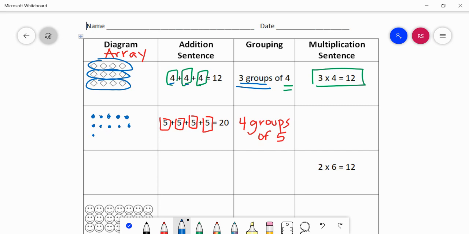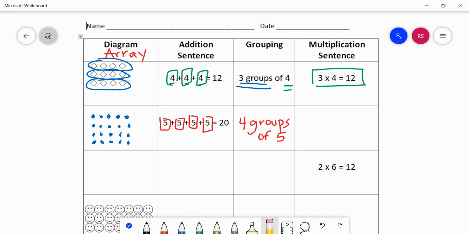It's 2 groups, another group of 5. It's 3 groups, another group of 5. That's 4 groups. We have 5 in each group, and there's 4 groups.